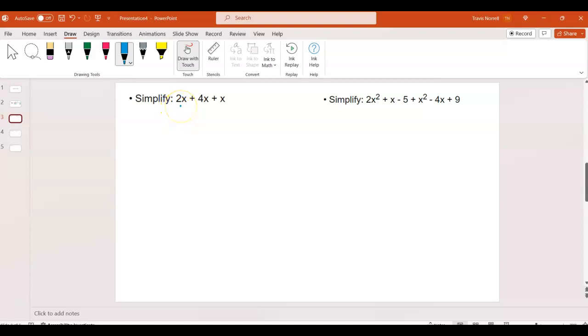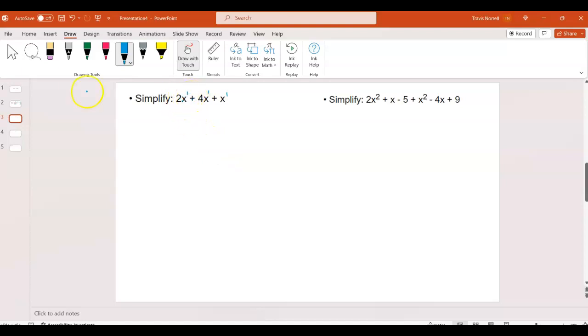Notice in this first example, we're going to combine 2x plus 4x plus x. In order for them to be like terms, they have to be the same variable with the same exponent. All of these are x, so they're the same variable. If there's not an exponent, there's an assumed exponent of 1.